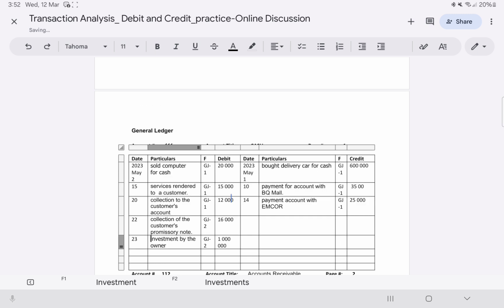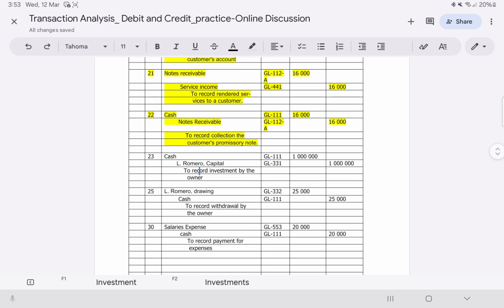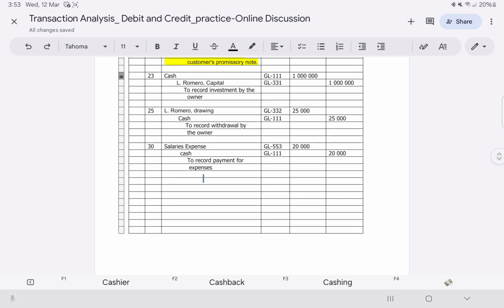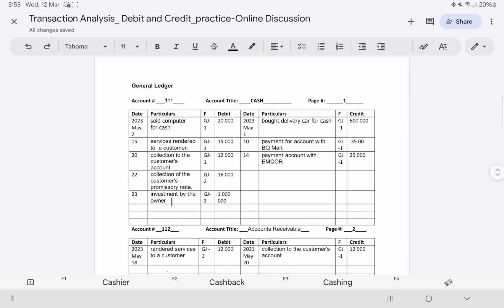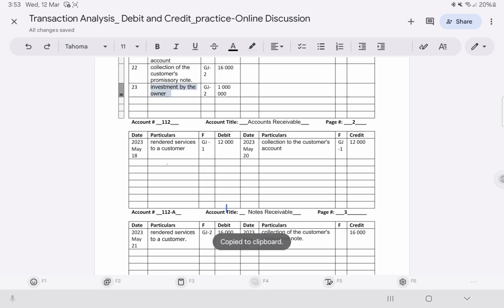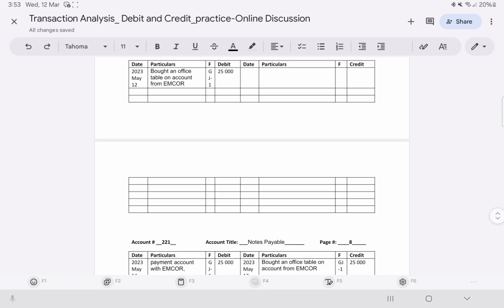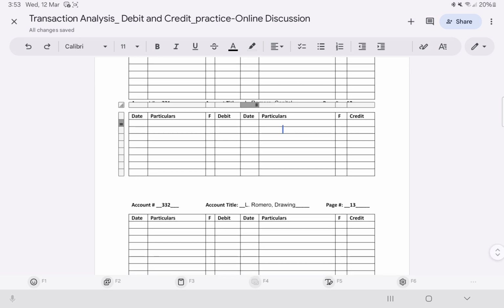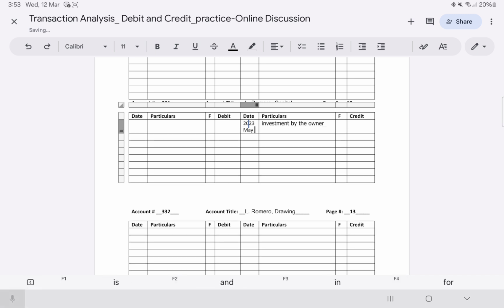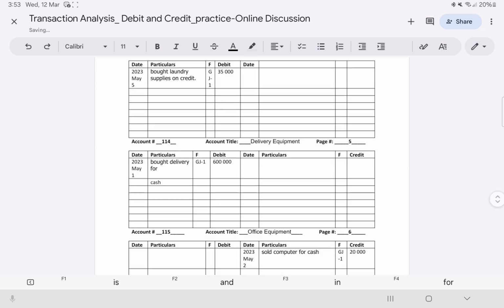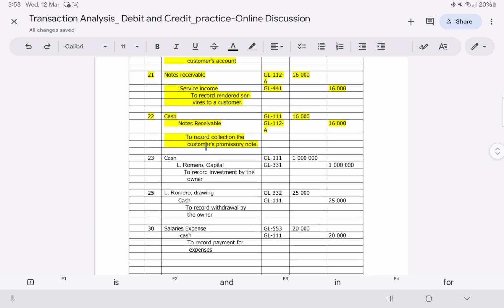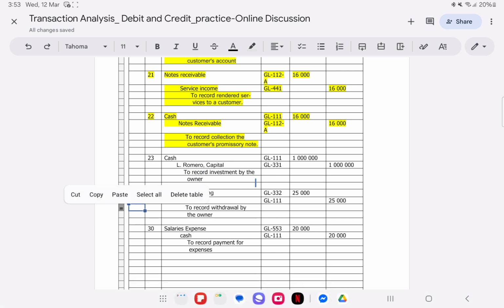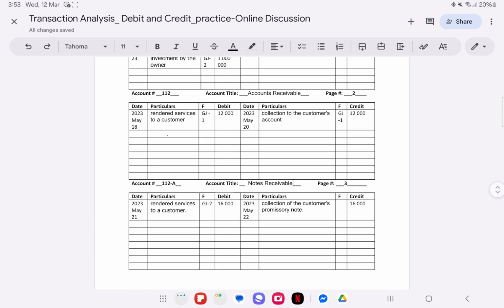Okay, then our credit is L. Romero, Capital, 1 million. L. Romero, Capital. Credit, 2023 May. So what's our credit? Okay, L. Romero, Capital, May 23.